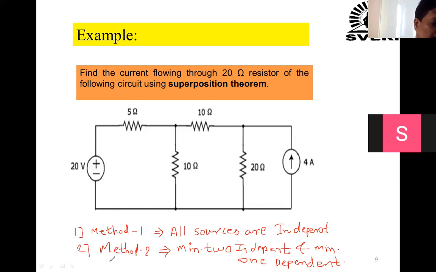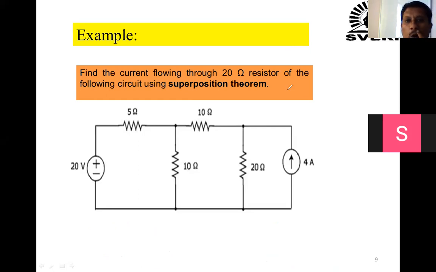Then it is considered as method 2. And in method 1, minimum 2 condition is always there, but apart from that, all sources should be independent. It may be AC, it may be DC. So first of all, we are talking about DC sources only. So these are the 2 methods.